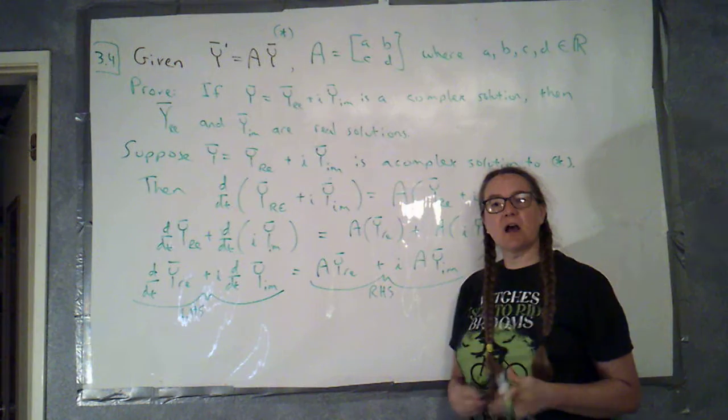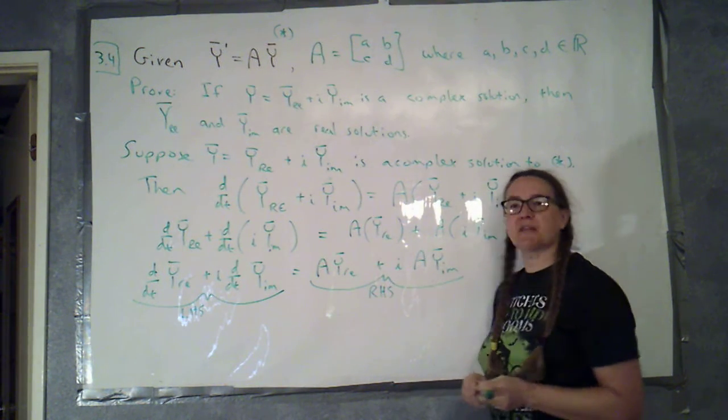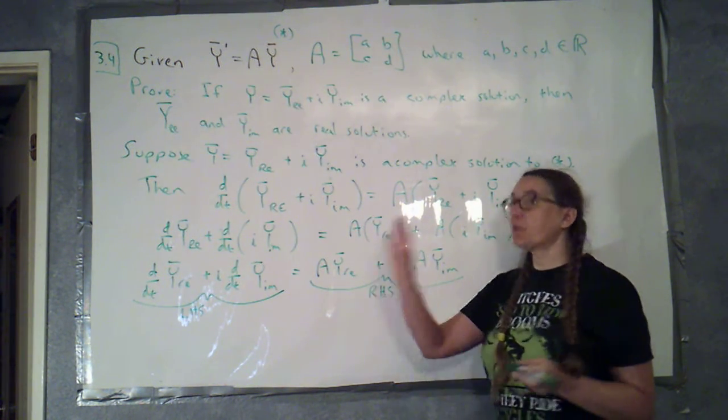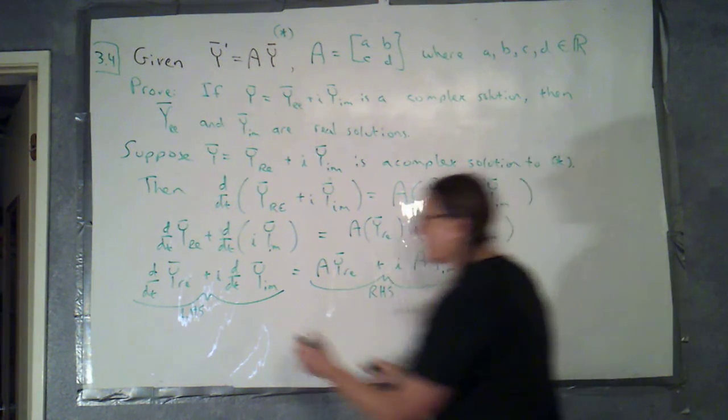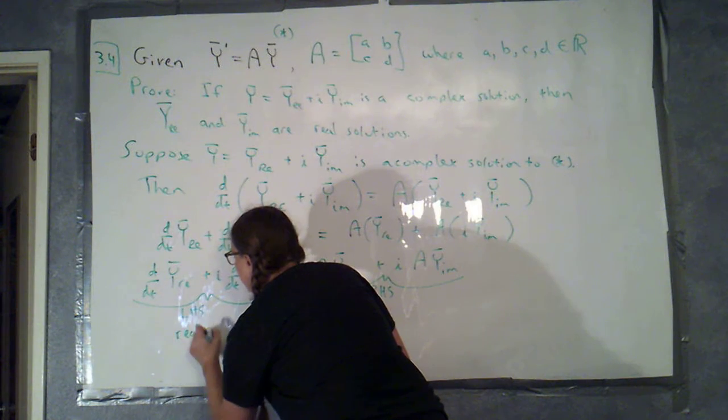But when we're working in the complex system, two complex expressions can be equal if and only if the real parts are the same and the imaginary parts are the same. So the real parts are equal.